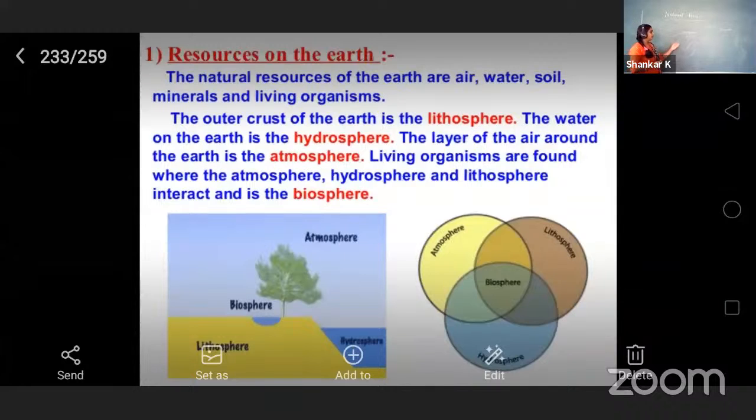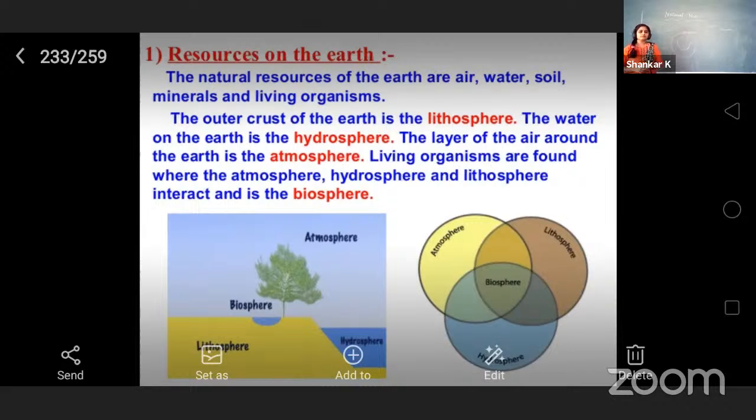Where living things depend on the non-living things, we call that the biosphere. The living things interact with the atmosphere, hydrosphere and lithosphere. We are all living in the biosphere.